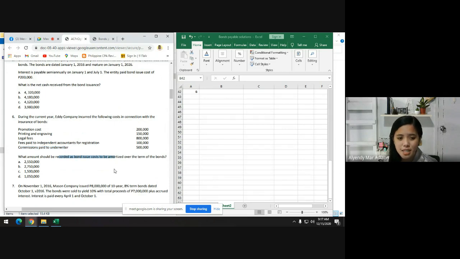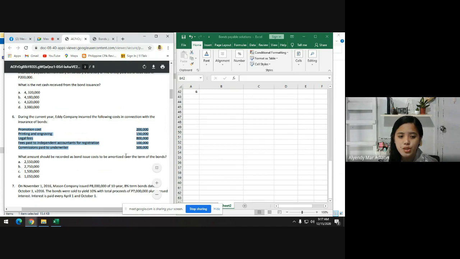Pila daw ang bond issue cost? So actually, these are all bond issue costs. Okay, so murag theory na lang po ninyo, no? These are the examples of bond issue costs.